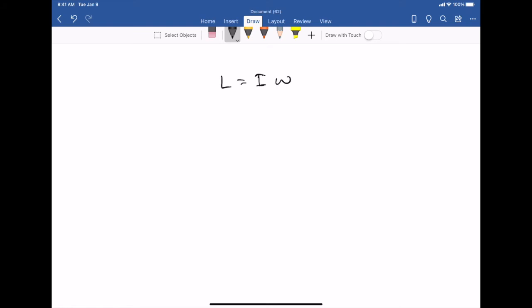There's another really fascinating application of the fact that if L is constant, then for a rotating object, if I changes, then omega must correspondingly change. So that has to do with our solar system. If you think about our solar system, notice that all the planets more or less orbit the sun in the same plane and also in the same sense.